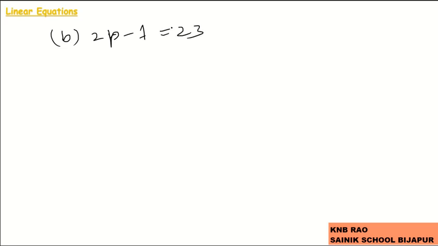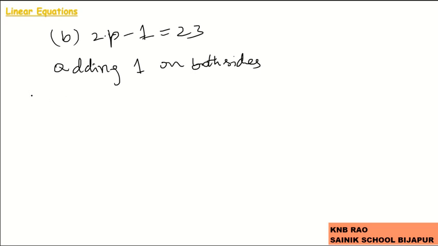That is the question. So, to solve this, along with this variable we have got minus 1, that means it is getting subtracted from the 2p. First we have to remove this one. How to remove this minus 1? We can remove it by adding 1 on both sides.